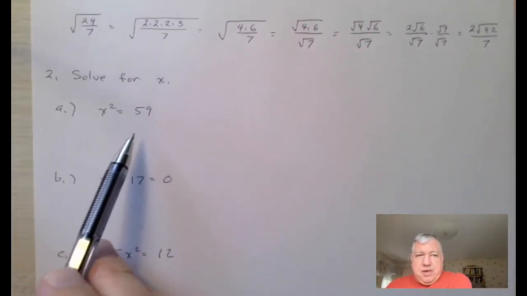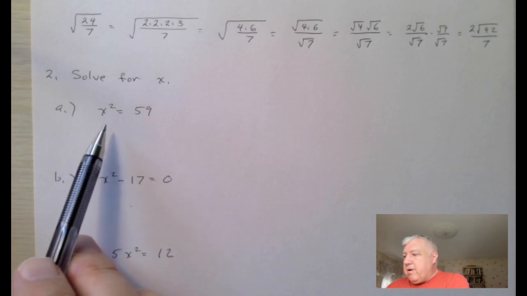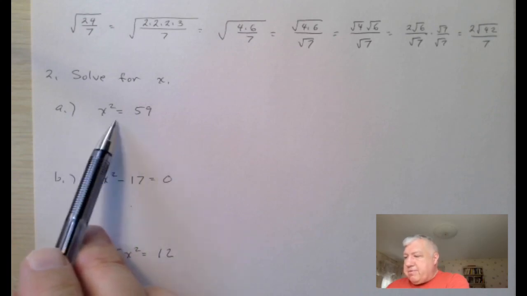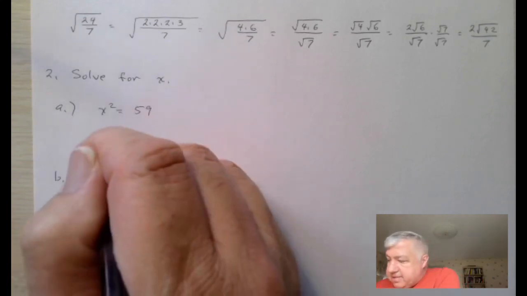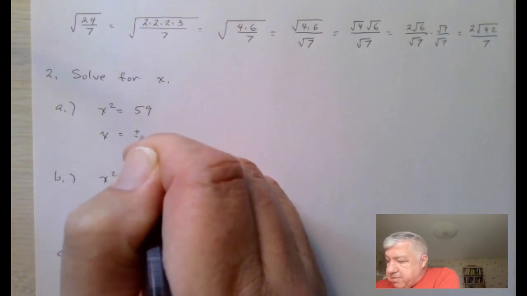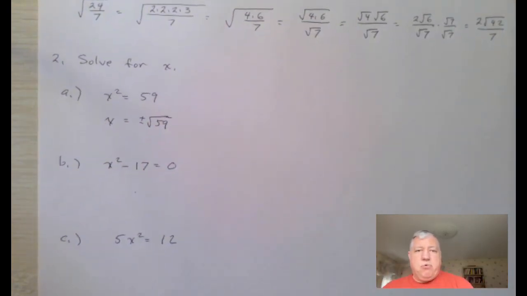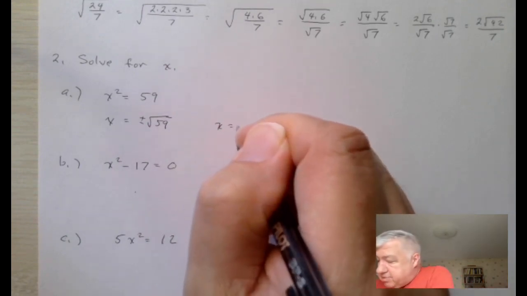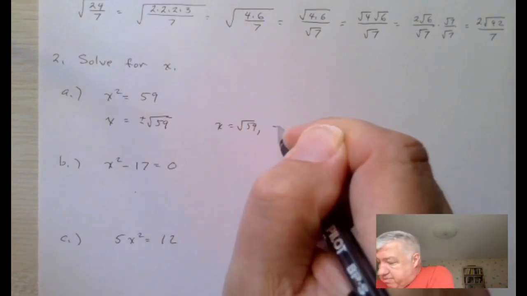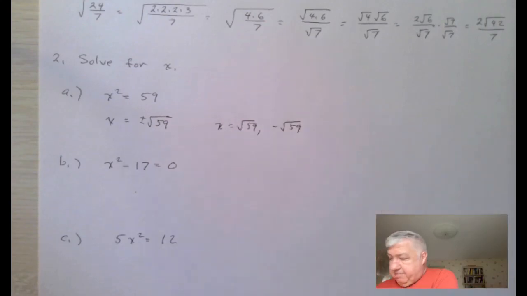About the easiest you can get is something like this, where x is a number, and if you square it, you get 59. So x has to be plus or minus the square root of 59. We won't worry about the approximation to this right now, but you'll notice that there are two solutions. So this means x equals the square root of 59 or minus the square root of 59.